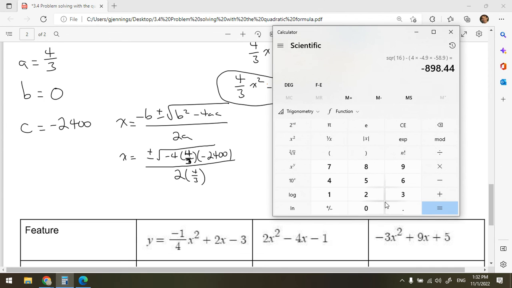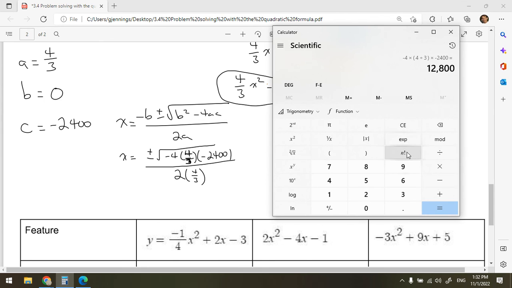So just going to put what's in the square root there inside my calculator. So I have 4, but it's negative, and I'm going to multiply by, put it in brackets, 4 divided by 3, that's 4/3, and bracket, multiply by 2,400, but it's negative, equals. That's what goes into the square root there, 12,800. It's a good thing I confirmed.